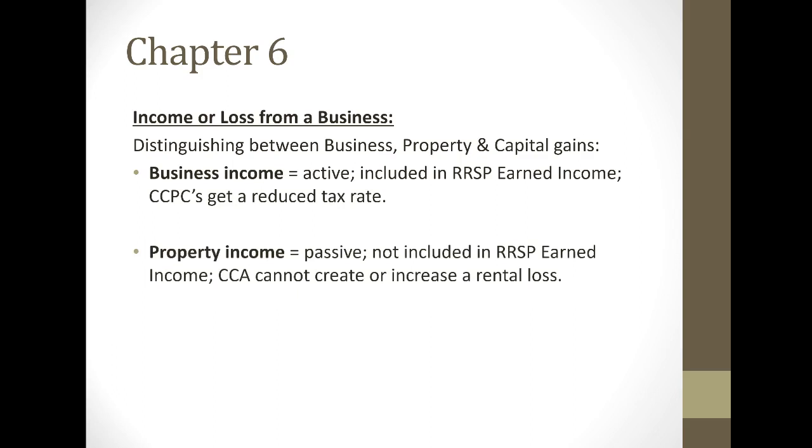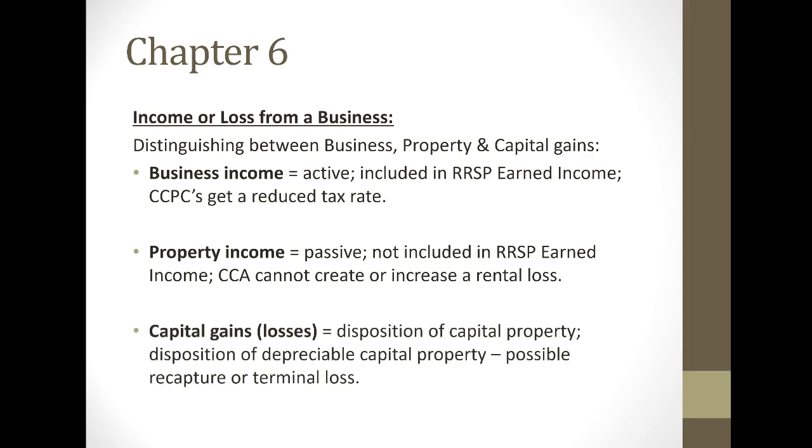For example, if a company generates interest income from some passive investments, or they generate rental income, which is passive in nature, then that would be classified as property income. For an individual, property income is not included in their earned income calculation for RRSP purposes, and property income would not be subject to the reduced rate of tax for CCPCs.